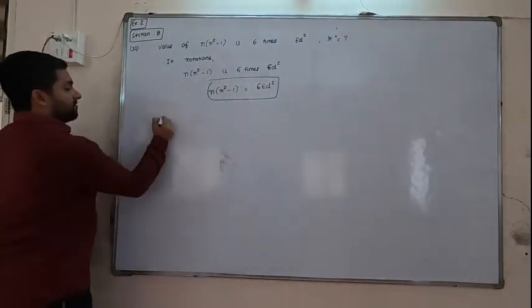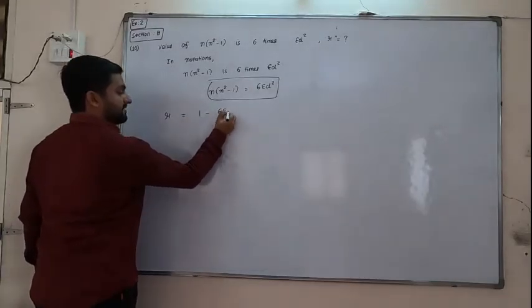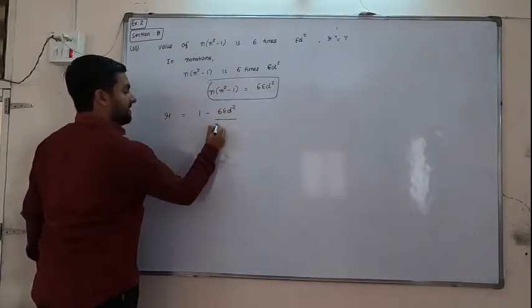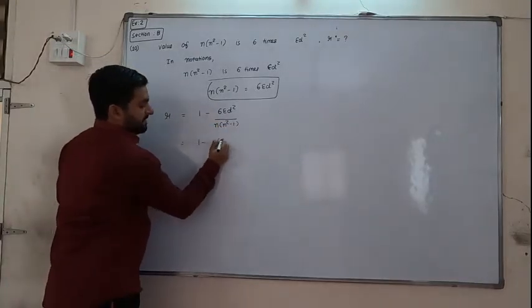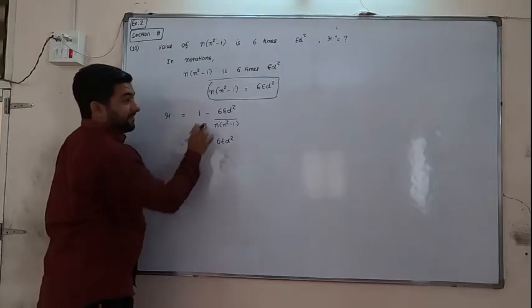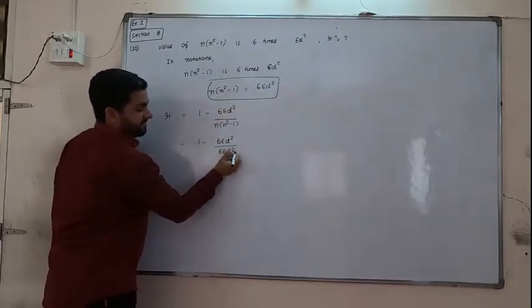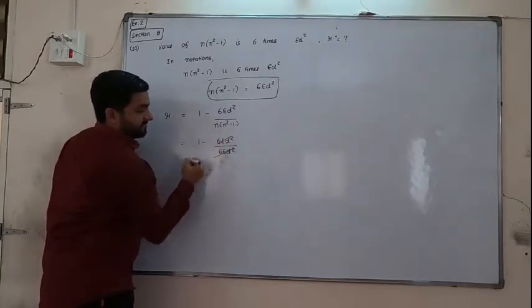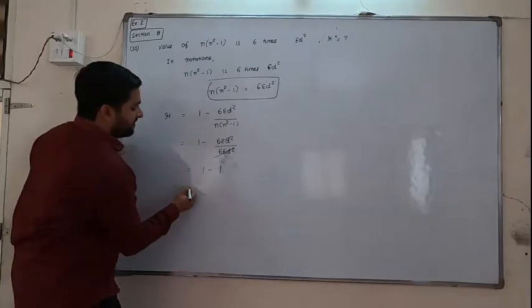Yes. Now the formula for R. R is equal to 1 minus 6 sigma d square divided by n in bracket n square minus 1. Now instead of n square minus 1, use this term only, 6 sigma d square. 1 minus 6 sigma d square, 6 sigma d square cancel, but it is not 0, it is 1.